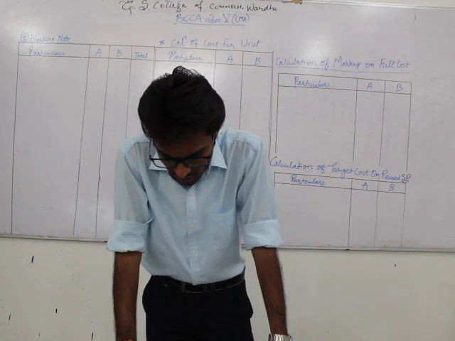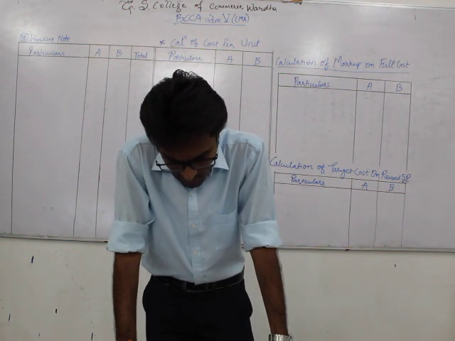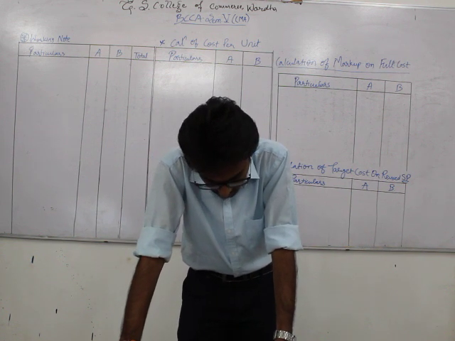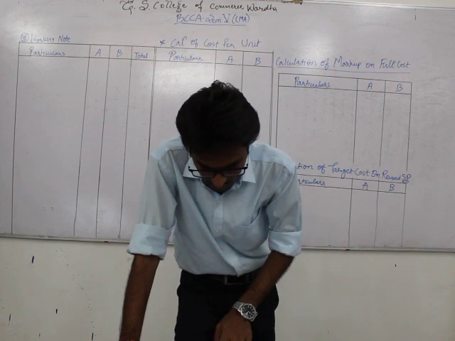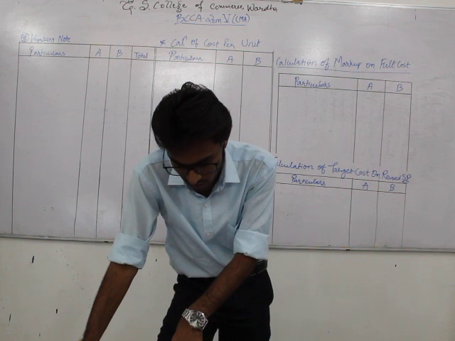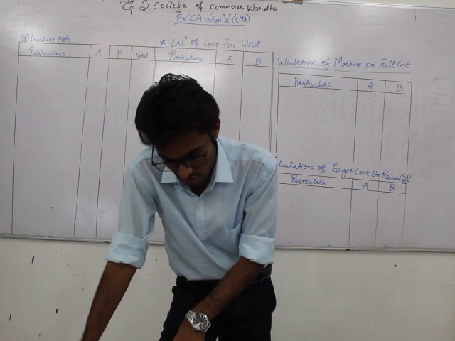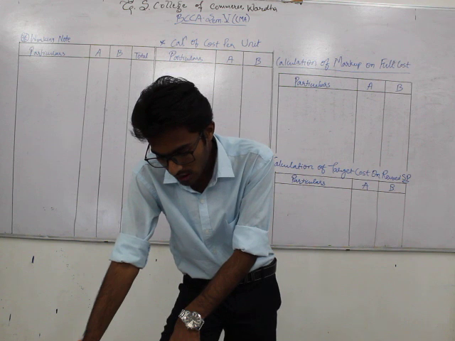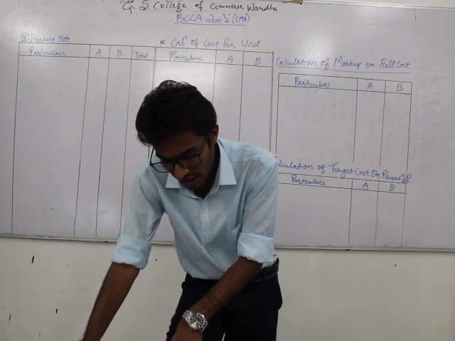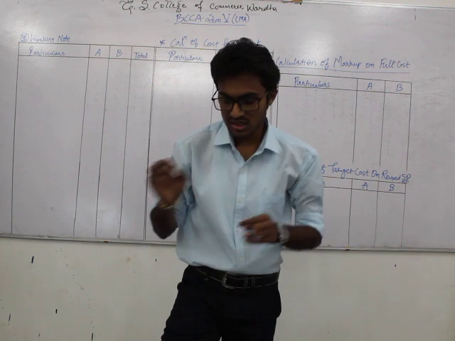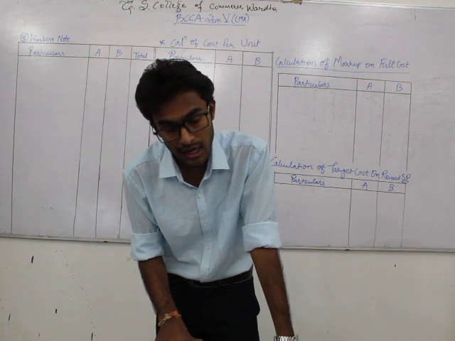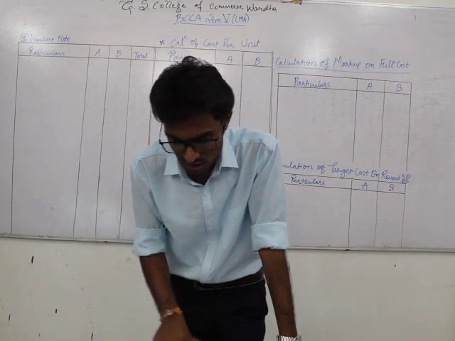In working note, we will first write total machine setup cost. We are doing this working note to get the total testing cost, and to get testing cost rate per hour.